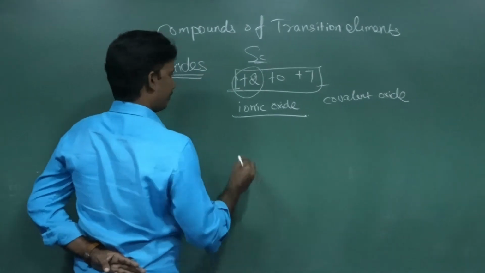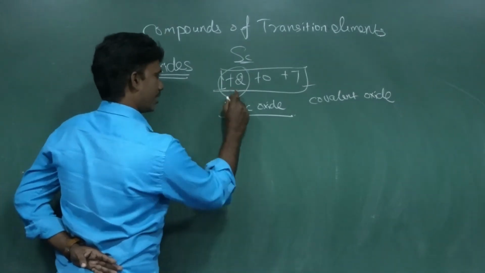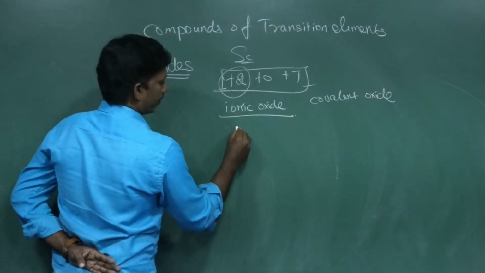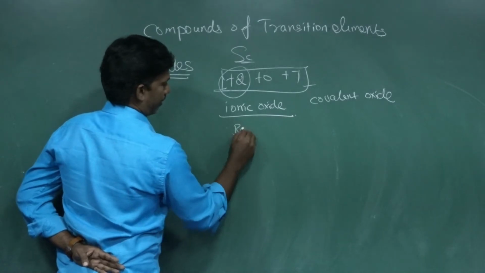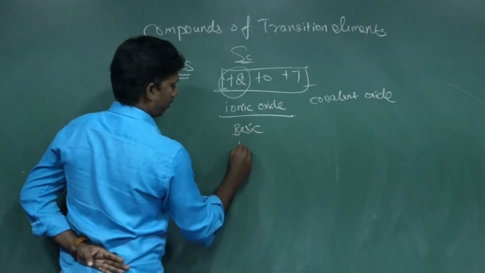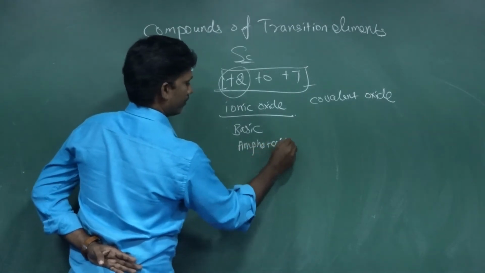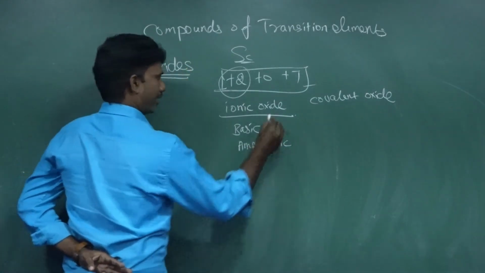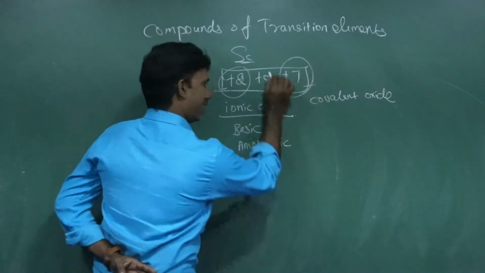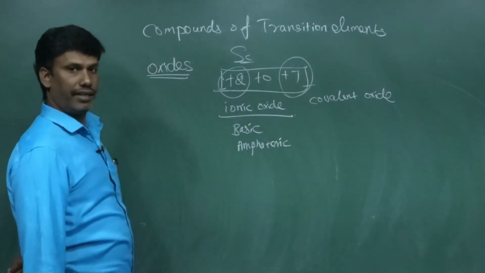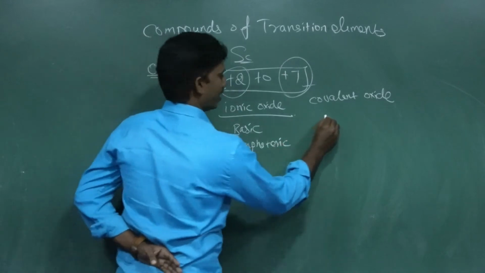In the same way, the lower oxidation state oxides are basic or amphoteric in nature, whereas the oxides of higher oxidation state are acidic in nature.